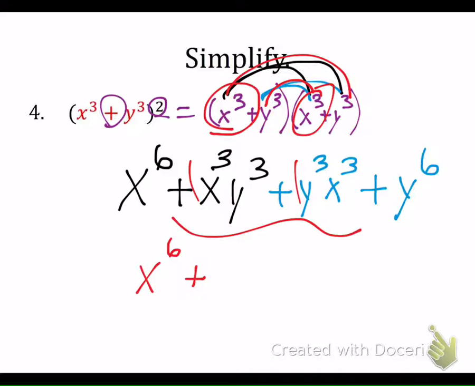So the outside terms and the inside terms. Now, those have the same variables with the same exponents. So how can I add them? Any thoughts? Any thoughts at all?